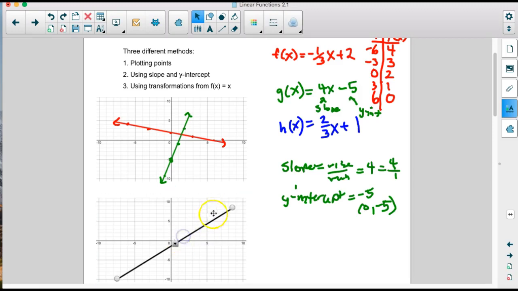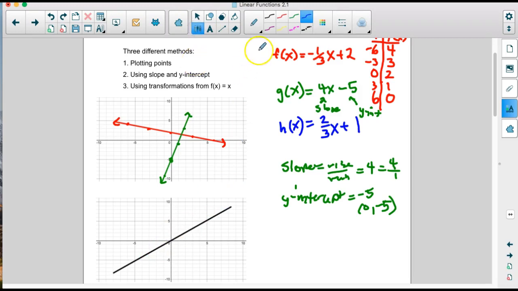All right. So this is our line y equals x.